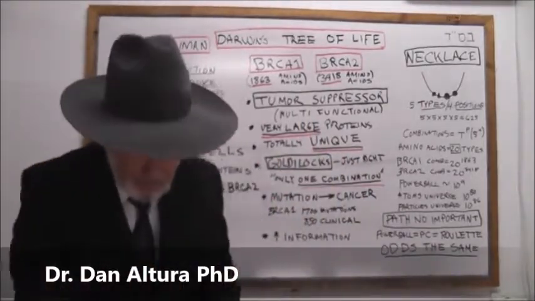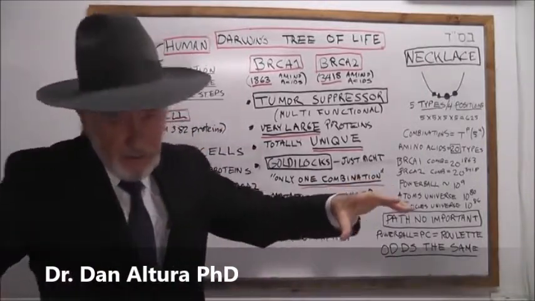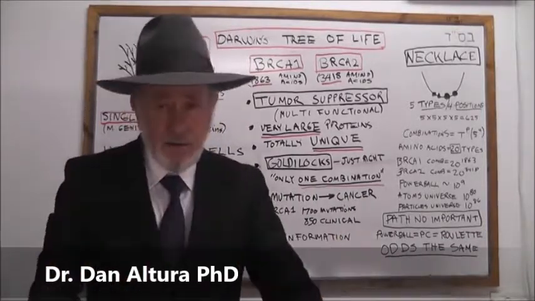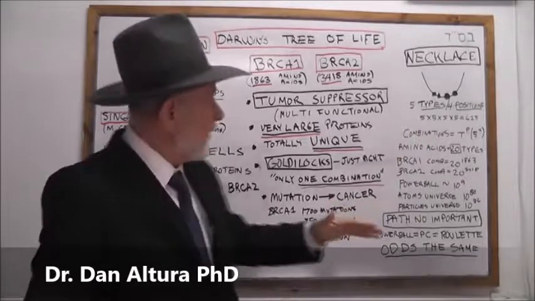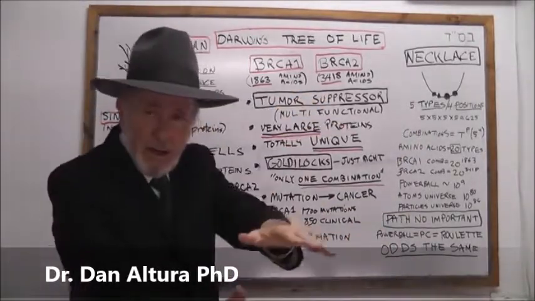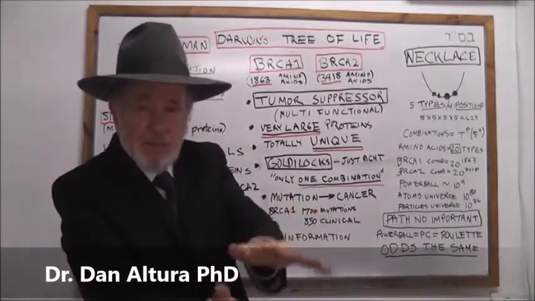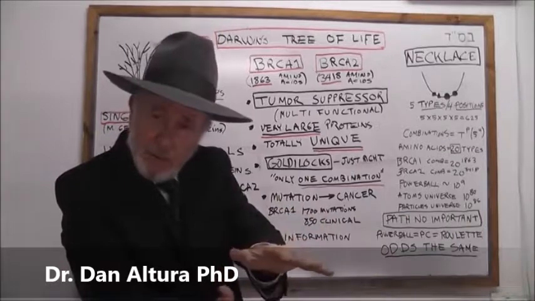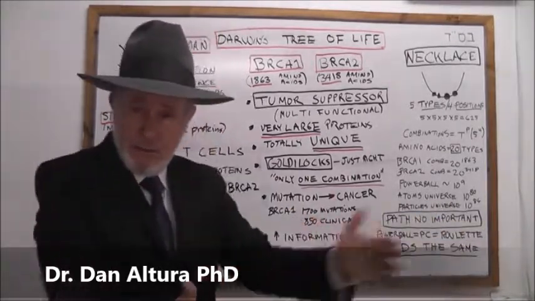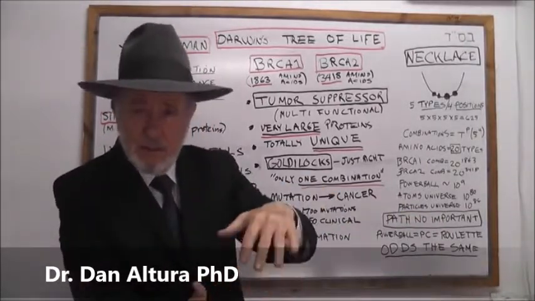DNA is two strands. Imagine a railroad track. Two rails. Imagine it's not on the ground, but up in the air. The complicated BRCA protein folds and surrounds the defective part of the double strand, this double rail, and then calls in worker proteins, other proteins, and coordinates those on the rail.